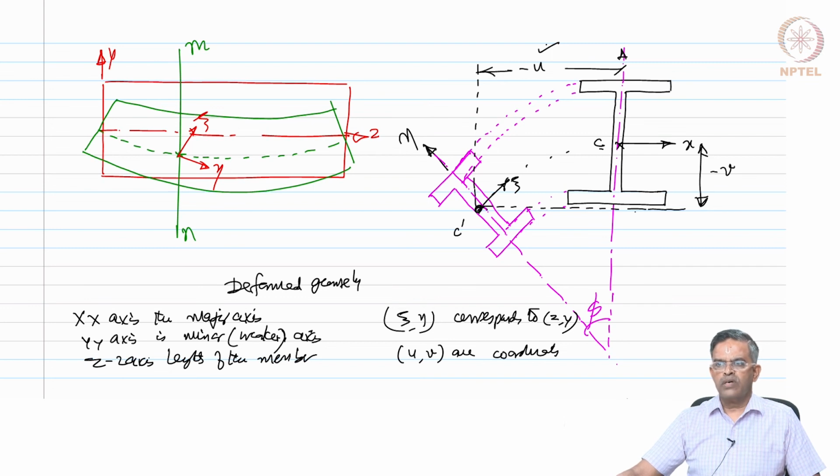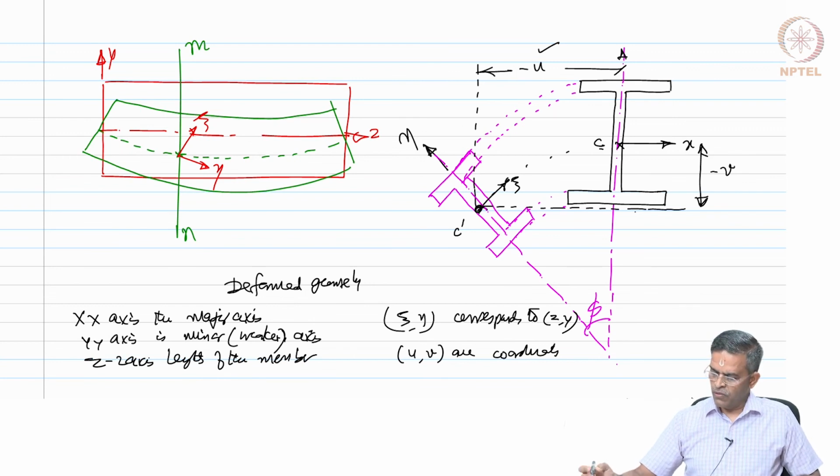So, u and v are the corresponding coordinates of the new CG of the section after the section is rotated by angle phi. Okay. Now, the twisted cross section signifies the fact that the beam is under flexural bending while the compression flange is under lateral torsional buckling.